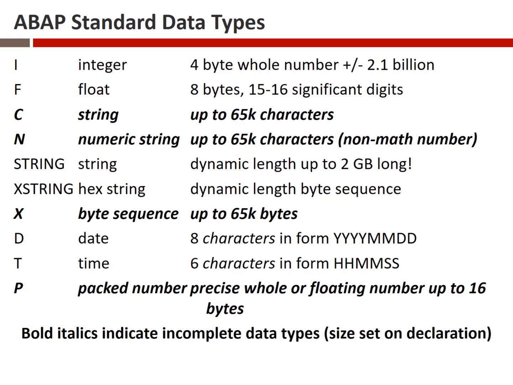If I knew that this was going to be the largest currency that I would be using in a particular context, I would look at it and say 1, 2, 3, 4, 5, 6, 7, 8. So I need to be able to store 8 actual numeric characters. So if I look at the math here, how big does my packed number need to be?